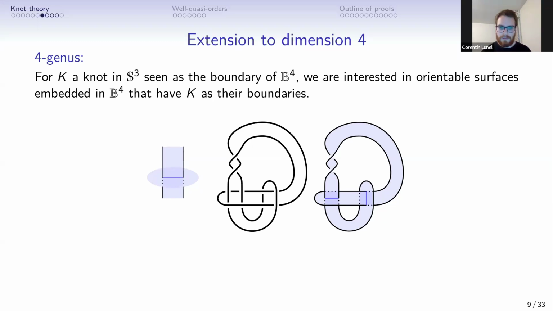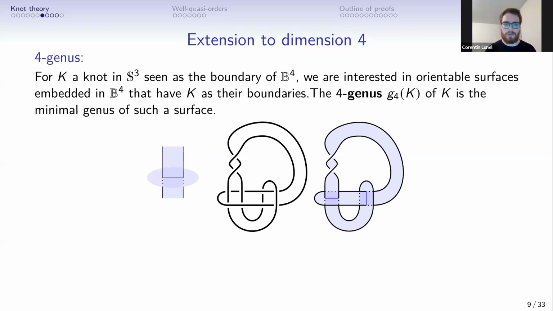So what I'm telling you is that this knot can be obtained as a boundary of a properly embedded disk in B4. And so the 4-genus of a knot, which is the minimal genus of such an orientable surface whose interior is in B4, is 0, since it can be obtained as a boundary of a disk. So this knot has 4-genus 0.